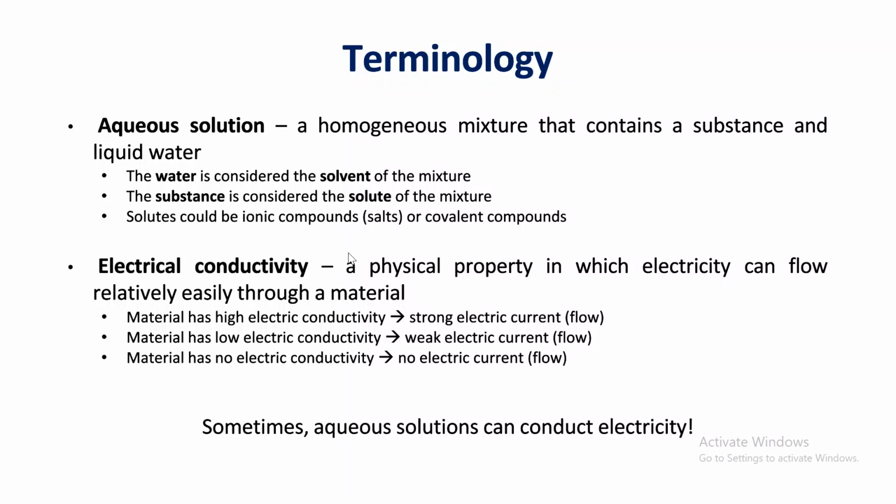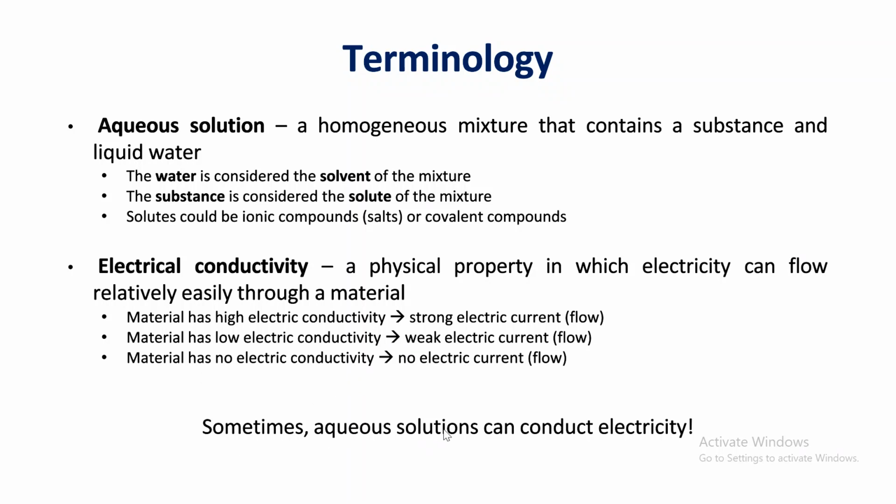Now, electrical conductivity. If you see anything that's bolded, that's important. Electrical conductivity is a physical property in which electricity can flow relatively easily through a material. Materials that have high electrical conductivity are going to have a strong electric current, materials that have low electrical conductivity are going to have a weak electric current, and materials that have no electrical conductivity are going to have no electric current.